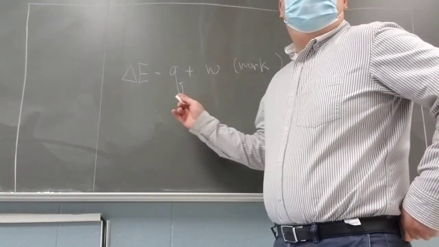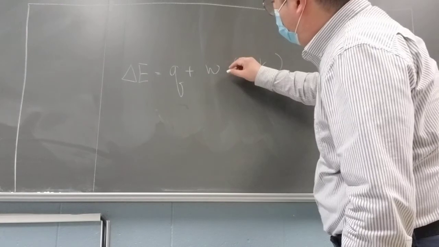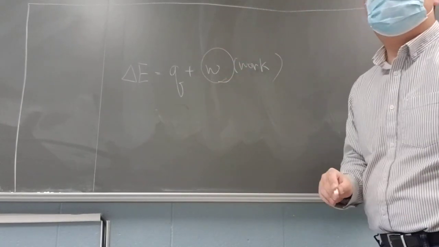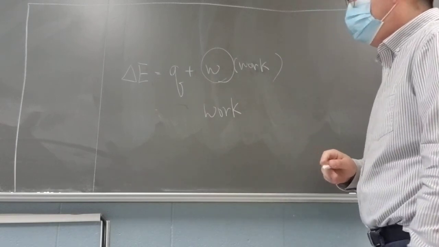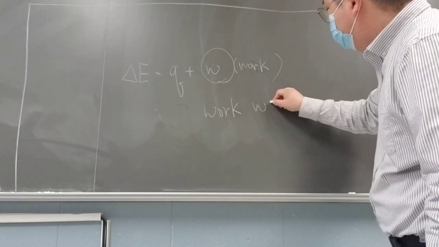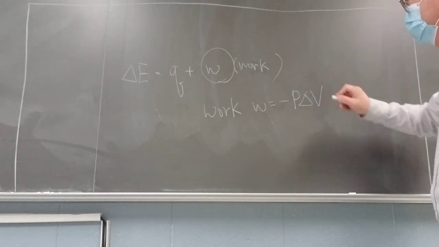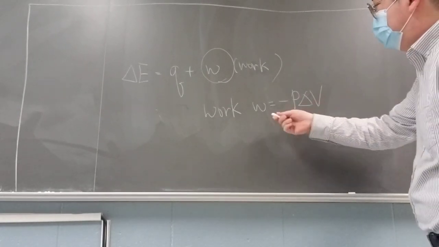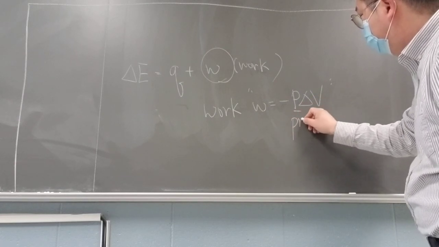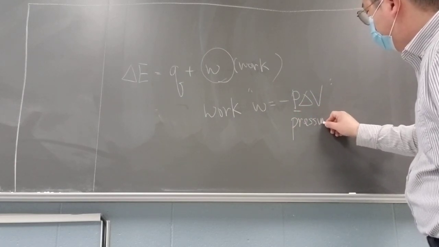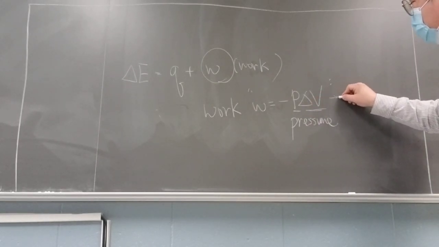So from here, there's an additional one I want to discuss. This is kind of tricky. The work is equal to negative P delta V. Here, P stands for pressure, and V stands for volume.